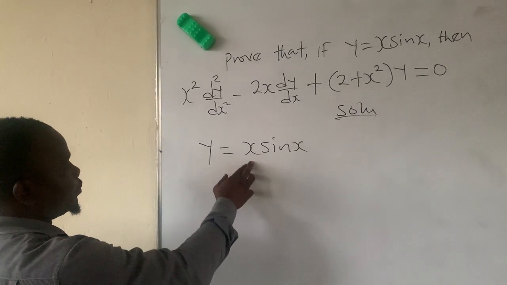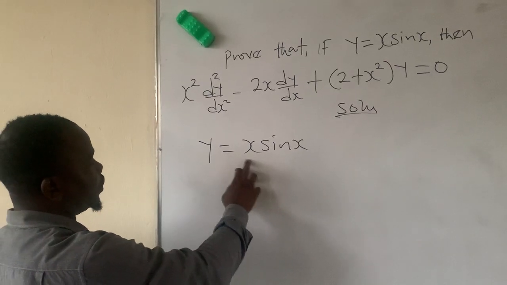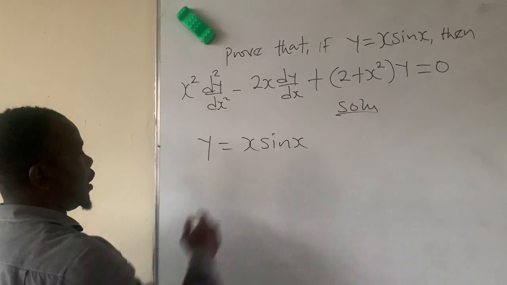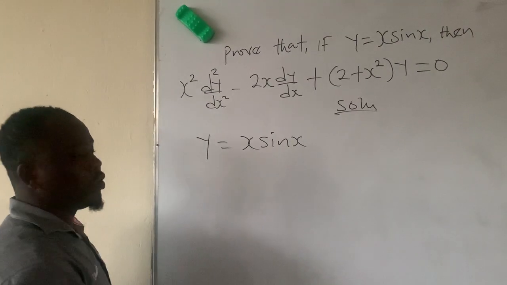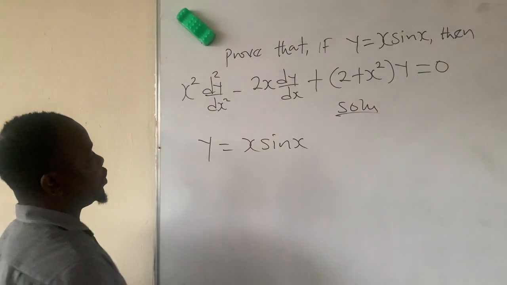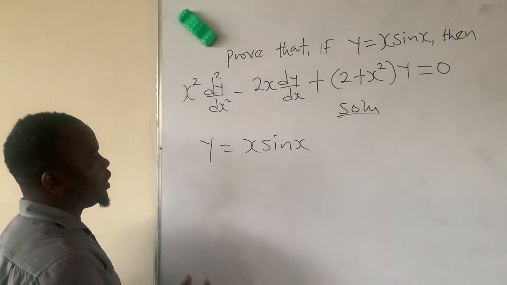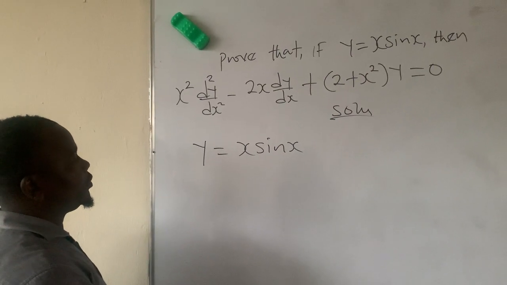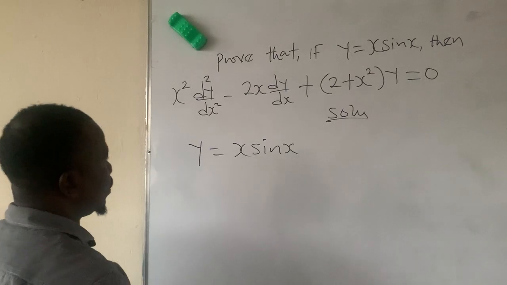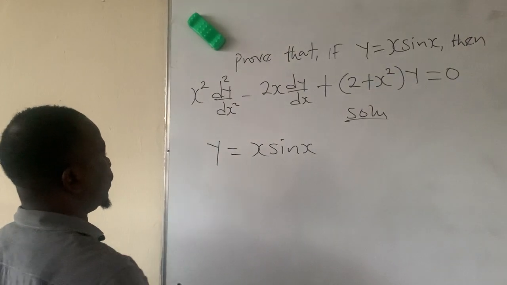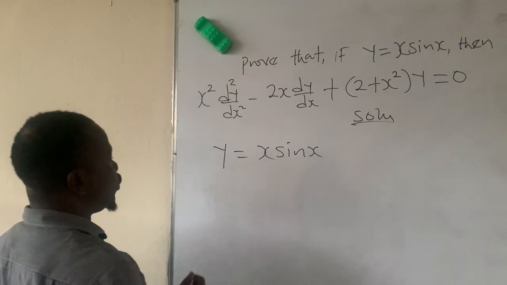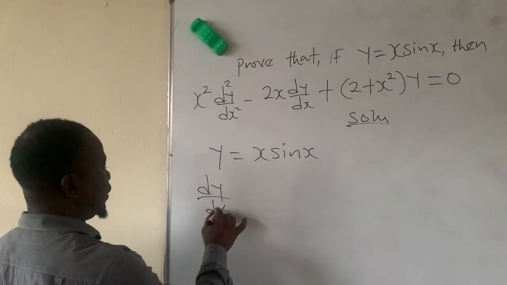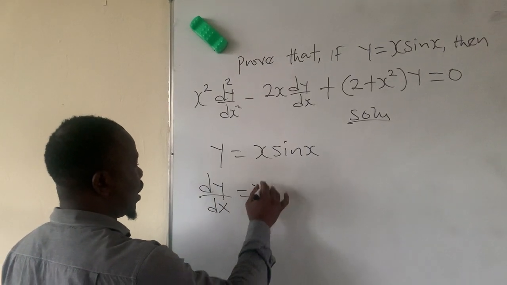We know that we have two functions here, x sine x. Ordinarily, we can use the product rule to solve this, but that one will take our time. So we are just going to use the normal method to differentiate this function. Note that dy over dx is the same thing as y prime.